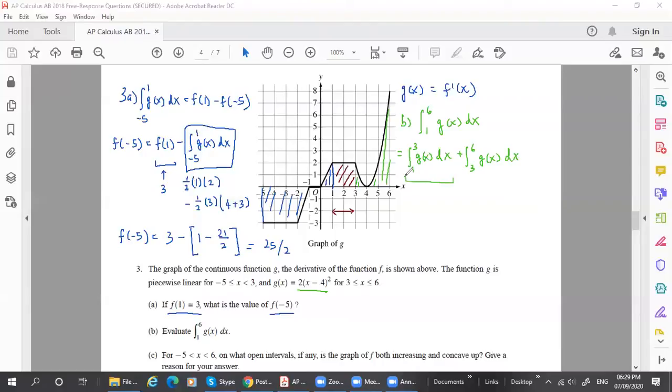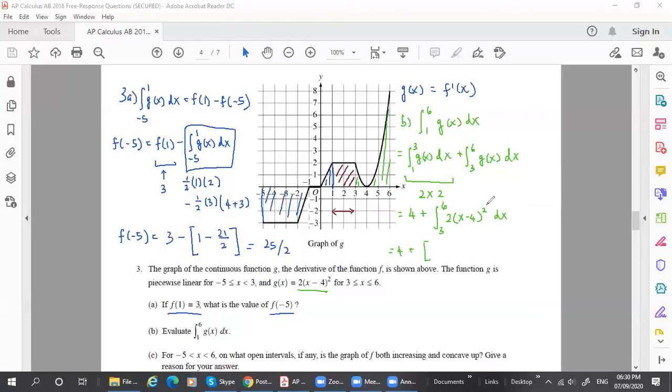That gives you the area of a rectangle, which is 2 times 2. So that gives you a 4, and g(x) is given by 2 times the square of x minus 4, and you integrate this from 3 to 6.